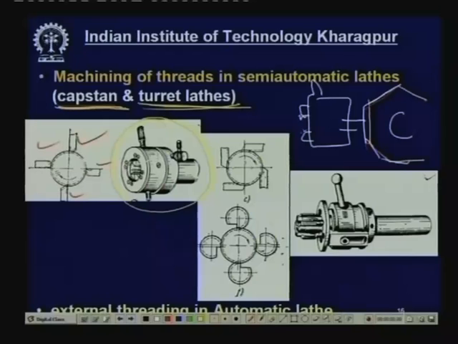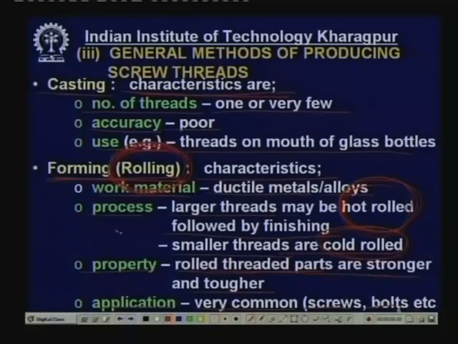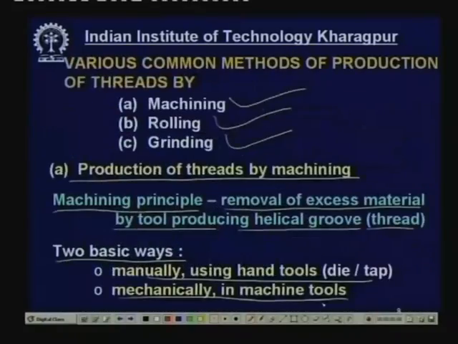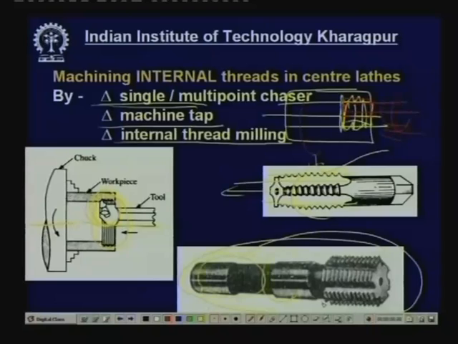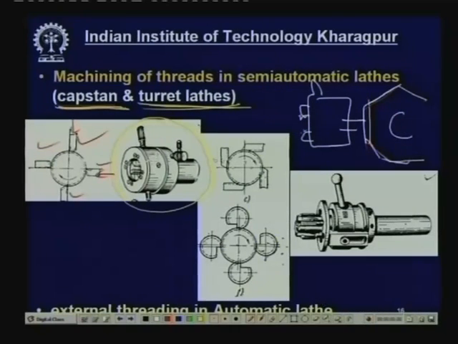So, the job will rotate and they will remain in position and the threads will be cut. Now, these chasers will move radially.